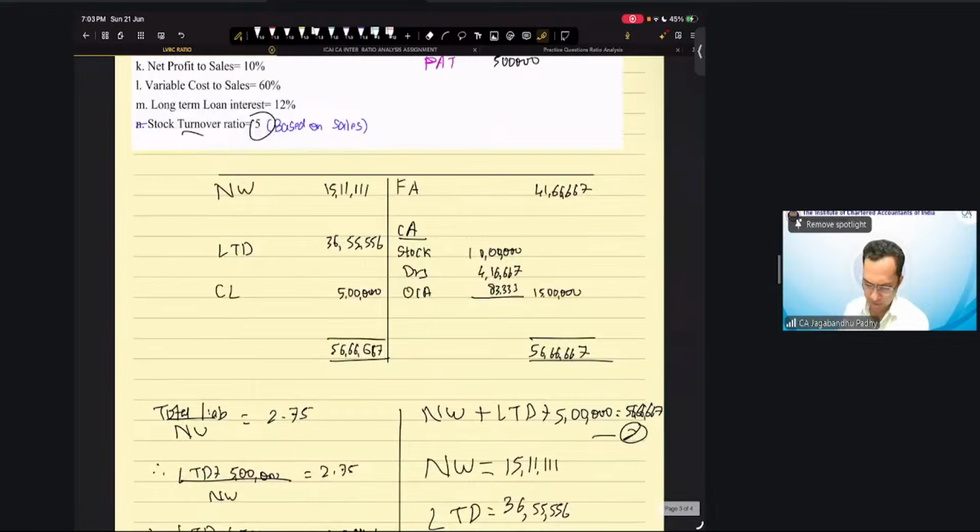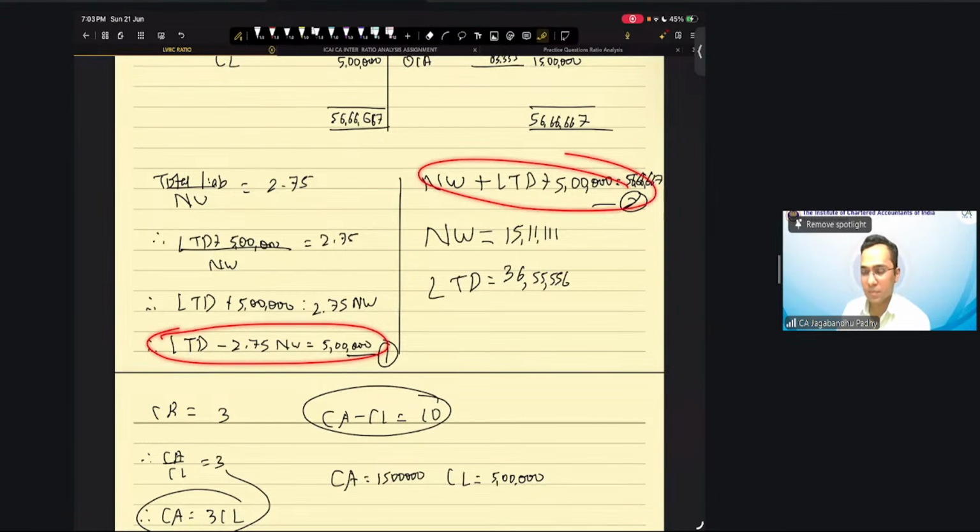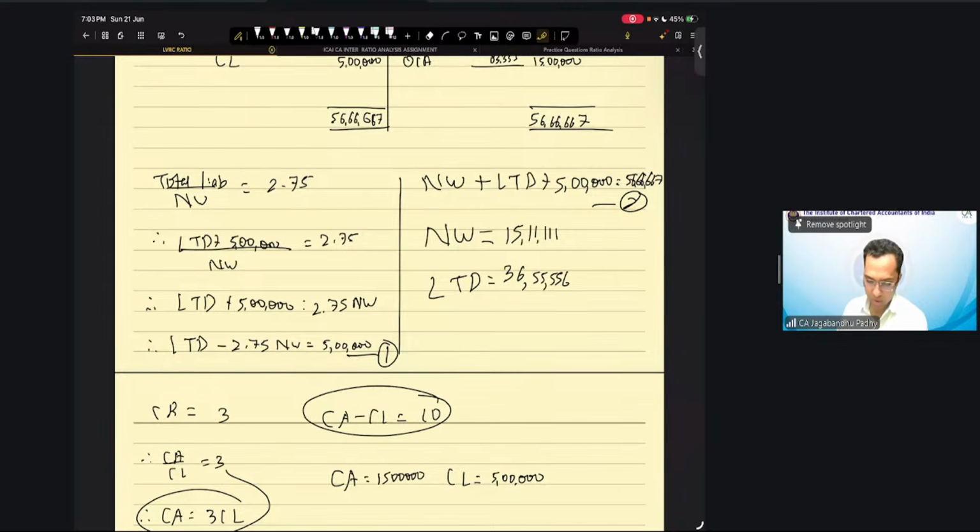Net worth calculation. This is solving both these equations. Sumit, you have an equation long-term debt minus 2.75 net worth equal to 5 lakh. And the other is net worth plus long-term debt plus 5 lakh is 56 lakh 66,667. So you just need to solve both of them simultaneously. What, net worth is 29 lakh 52?